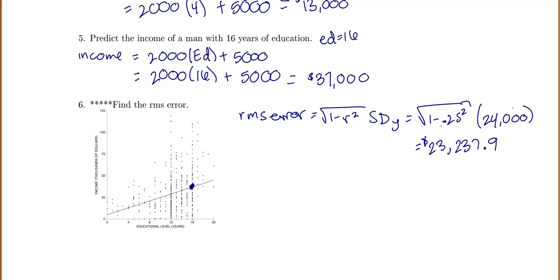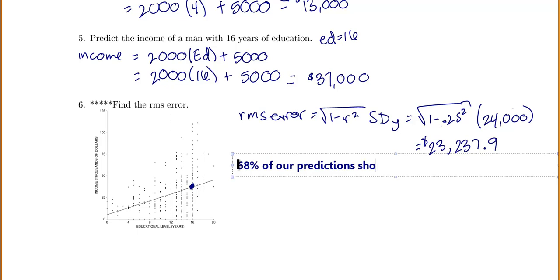What does the RMS error tell us? The RMS error tells us that 68% of our predictions should be within $23,237.90 of the true values.